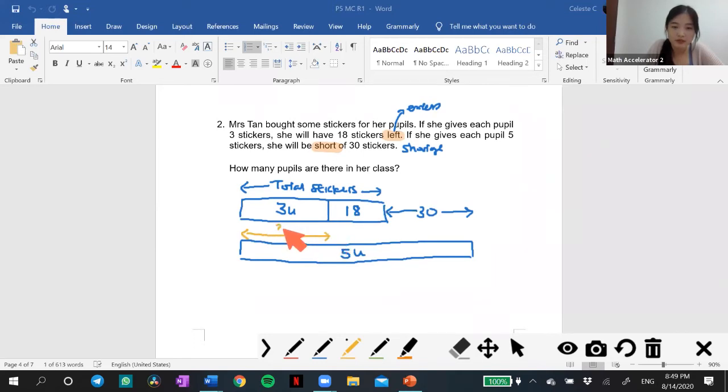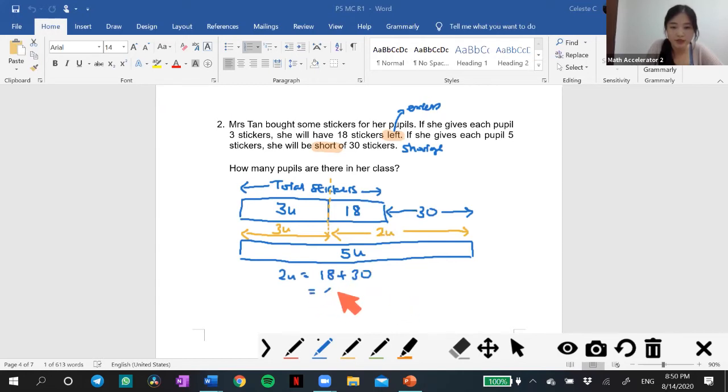So here is 3 units, you can see from the first model here. The remaining is 5 units minus 3 units. Yeah, so a lot of you can see it already. These 2 units here is 18 plus your 30. So 2 units equals 18 plus 30.